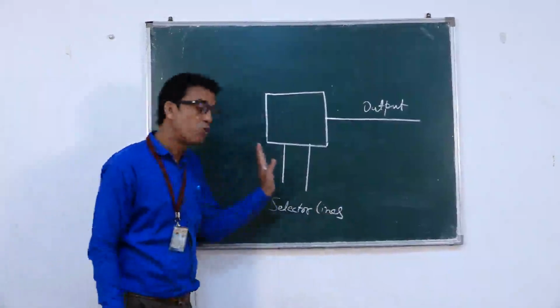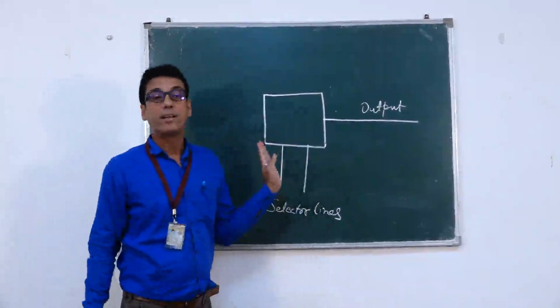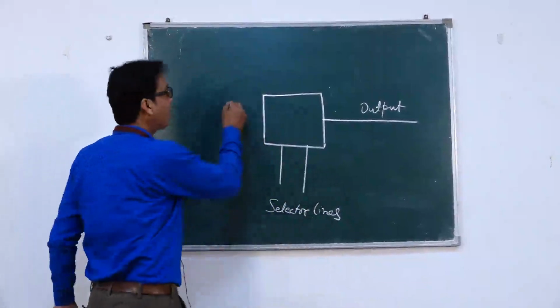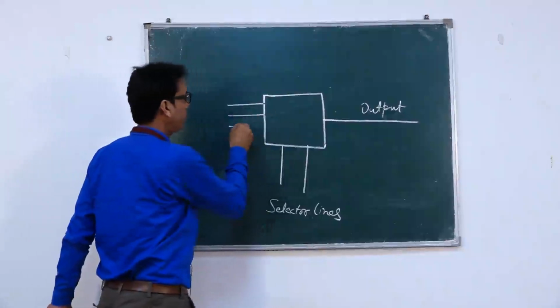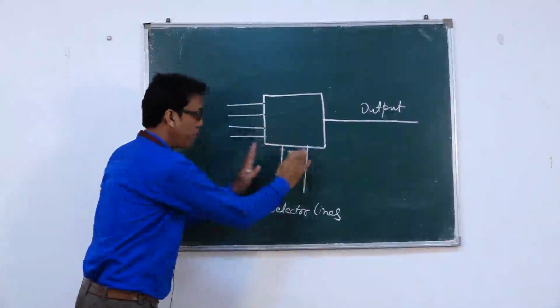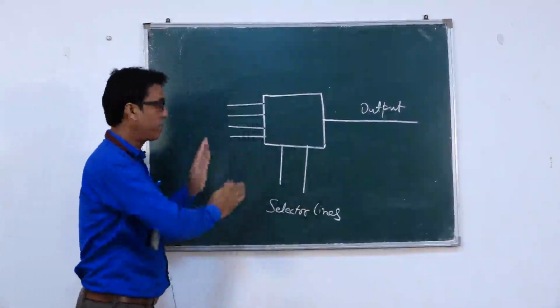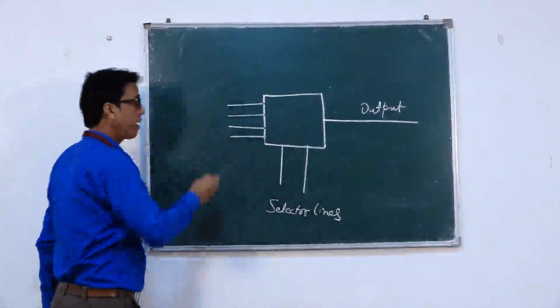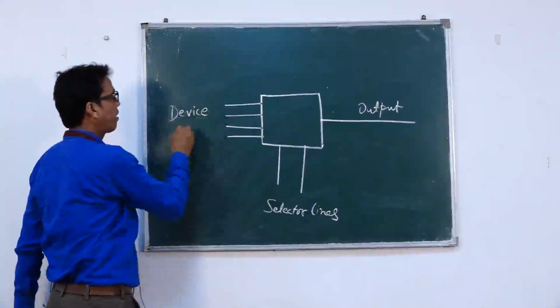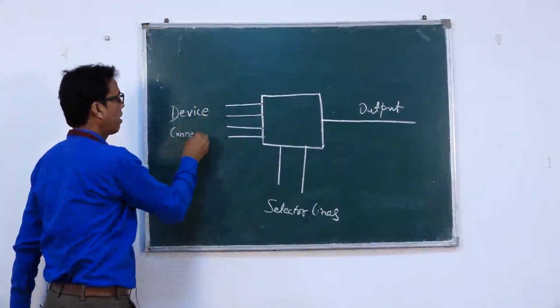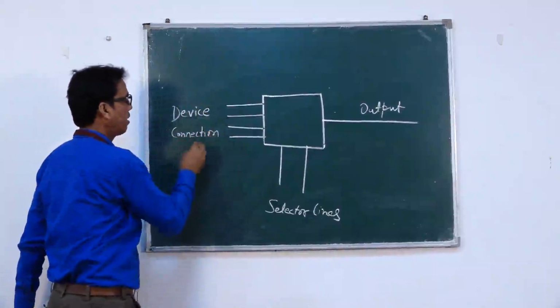If there are two selector lines, then there will be 4 device connection lines. See, these are input lines, these are also input lines, but these are selector lines and these are device connection lines.